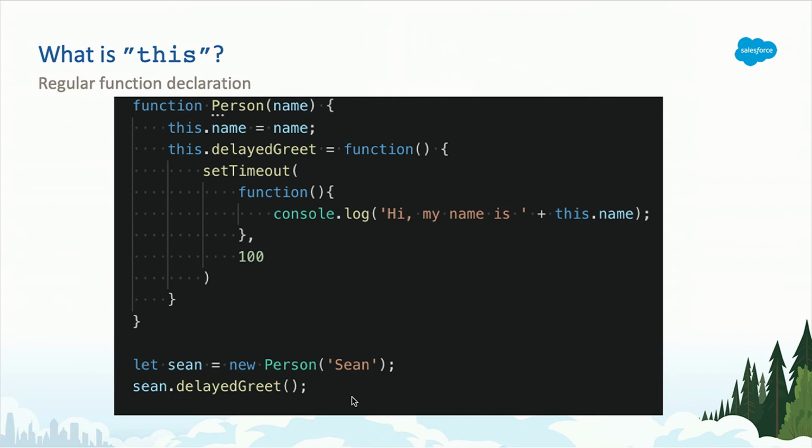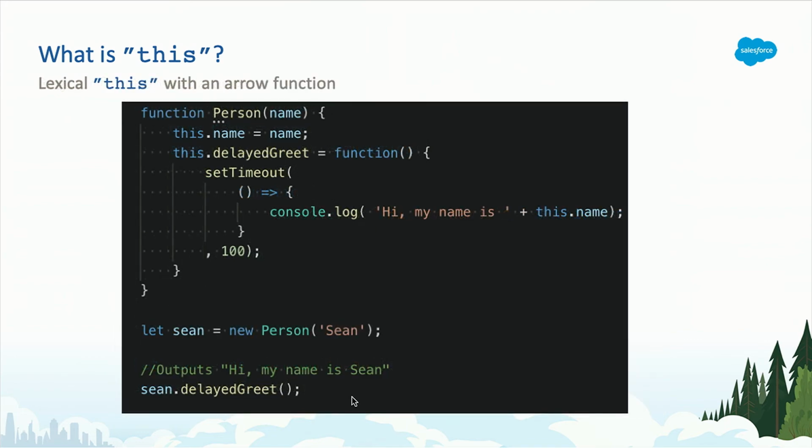Now when we call this function, it's going to output, hi, my name is undefined. Looking at this, I'm like, what? Why didn't that work? I called it with new, so new binding should be in effect. And while that's the case for this.name and this.delayedGreet, this is actually a callback function that gets called by setTimeout. So new binding isn't in effect when this is called. In fact, it's going to fall back to the default binding and output something else.